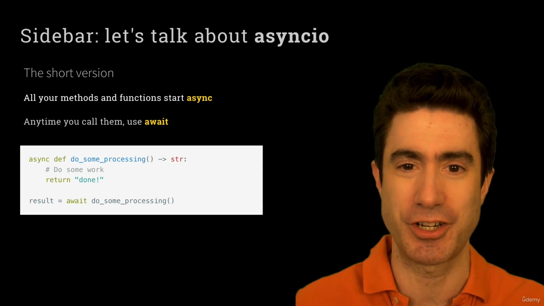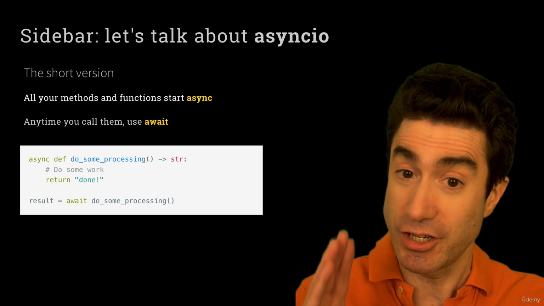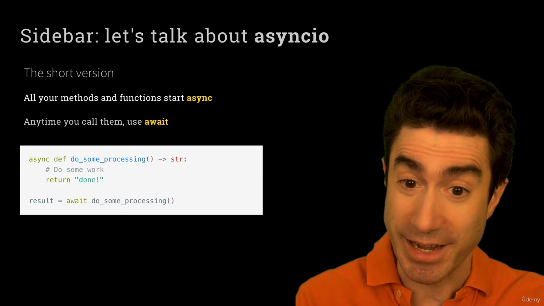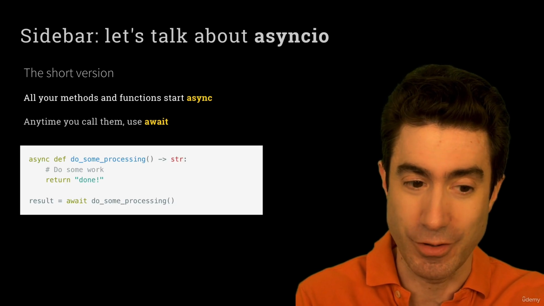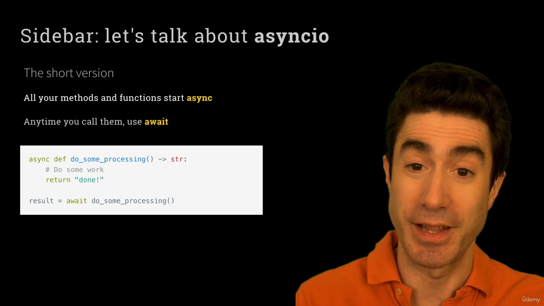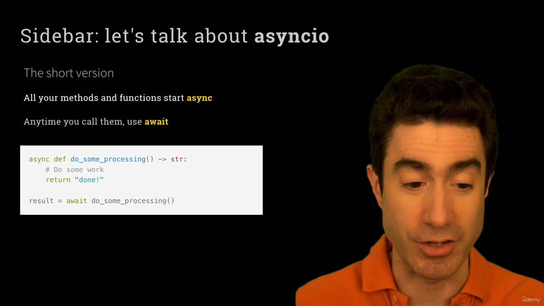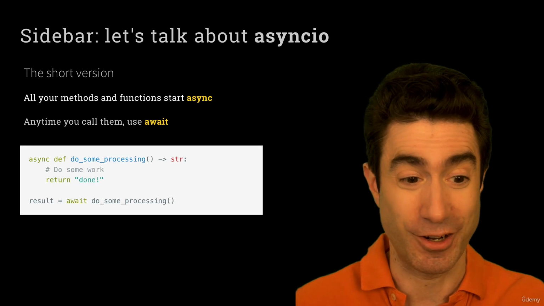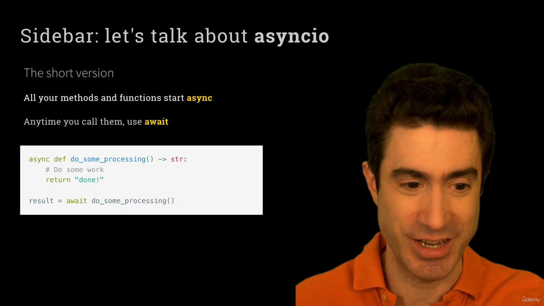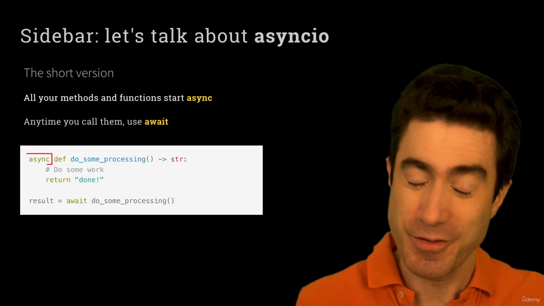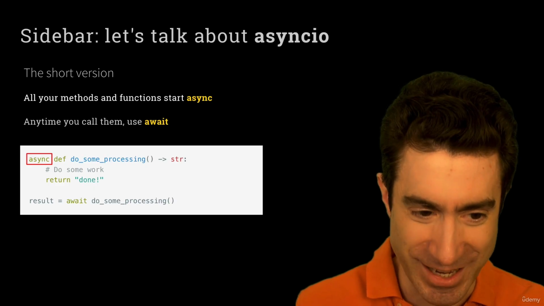The short version is Async IO is actually two things. It's a package called Async IO that you can import, and it's also some language constructs baked into Python. And those language constructs include two keywords that you see right here. And one of those keywords is the word async.